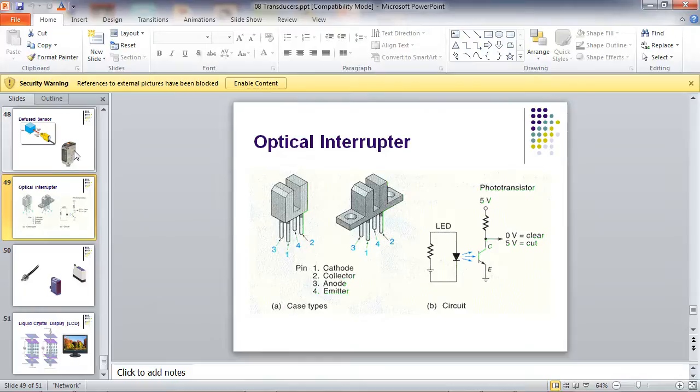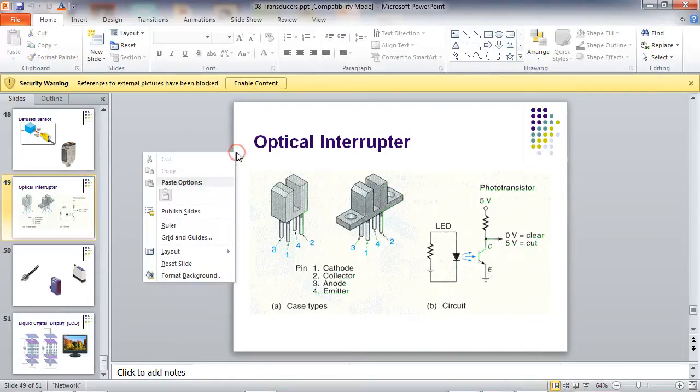So when you turn your computer on, it goes over there and finds itself, right? We have a special type of encoder. It's called an incremental encoder.